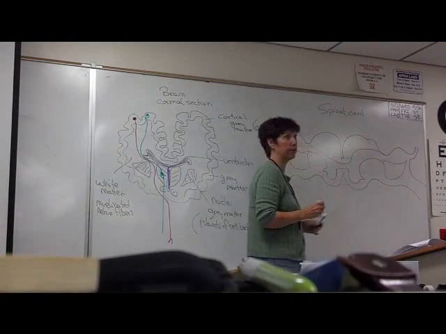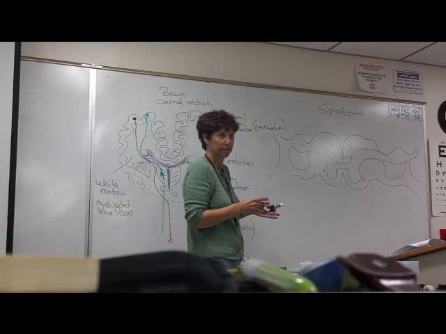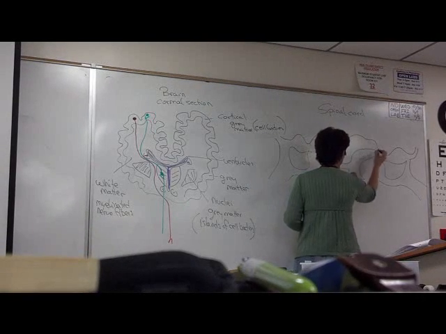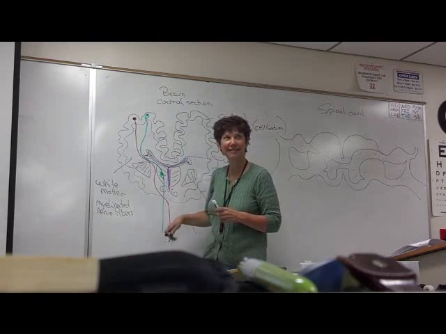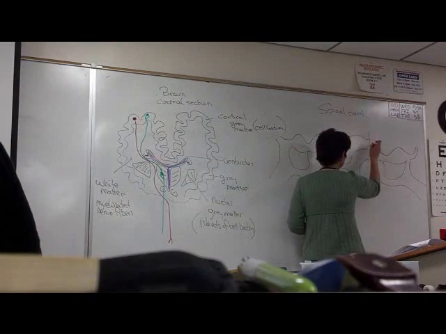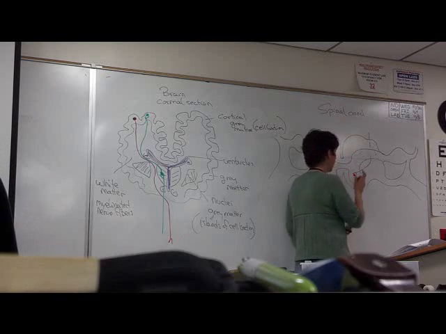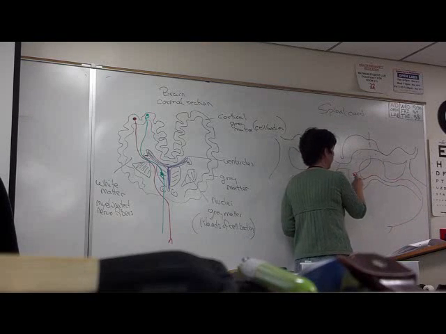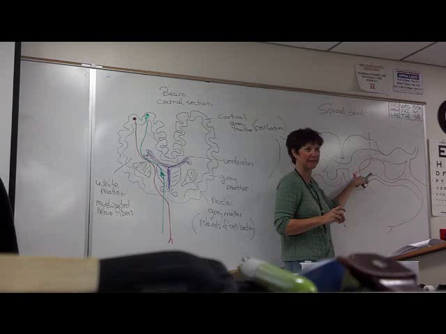Okay, so the H-shaped structure is gray, and all the stuff around it is white. So for instance, okay, this motor neuron that's coming down here is going to come into the spinal cord, and it's going to synapse with the cell body. That cell body is going to send its neuron out the spinal cord. That's why this is gray, because it's the cell bodies of these multipolar neurons.